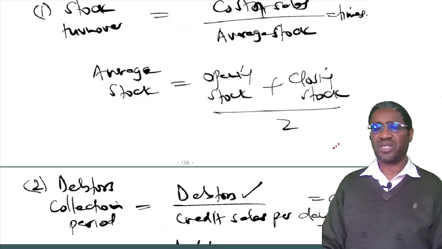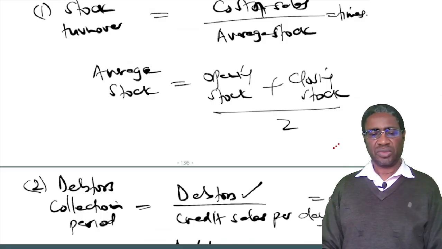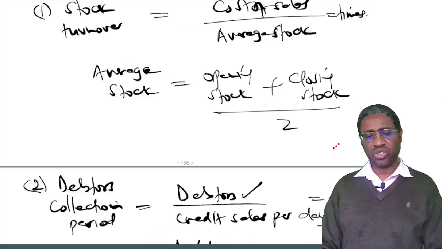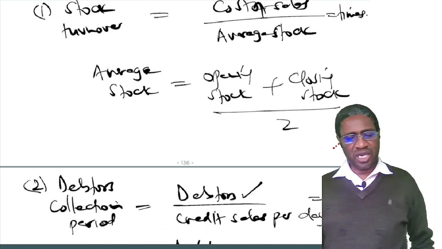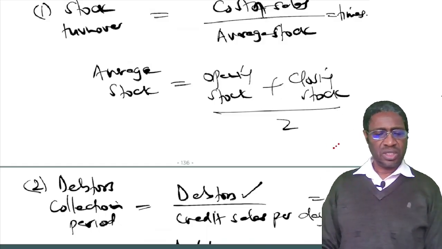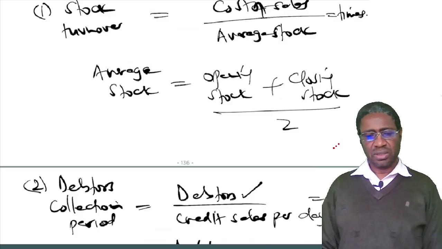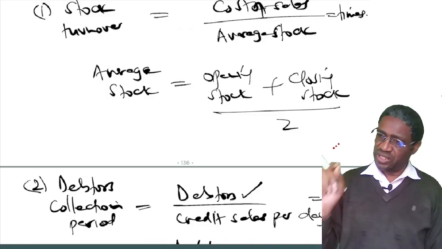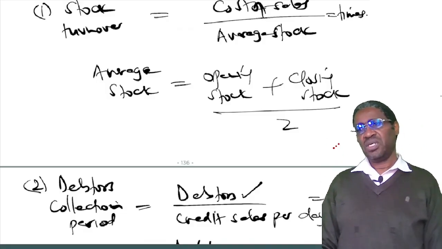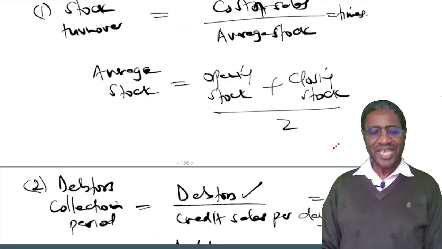Say this: this ratio indicates the number of times stock is turned into sales in a year.